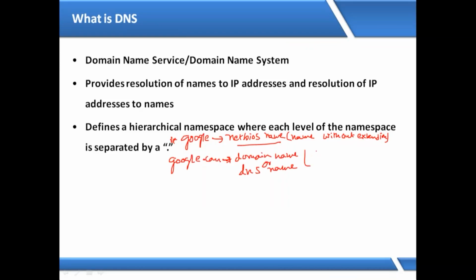So a domain name or DNS name is nothing but a name with extension. A name without extension is called a NetBIOS name. A name with extension is called a domain name or DNS name.